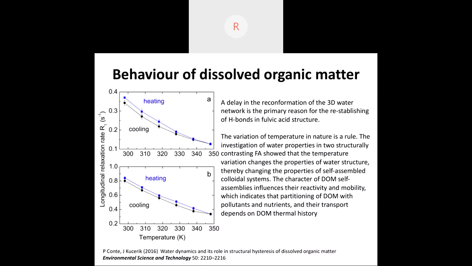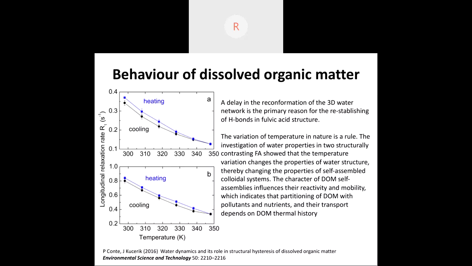I was saying that we dissolved fulvic acids in water, and we analyzed these different solutions of fulvic acids by changing the temperature of the system. What came out from this experiment was the so-called water hysteresis.